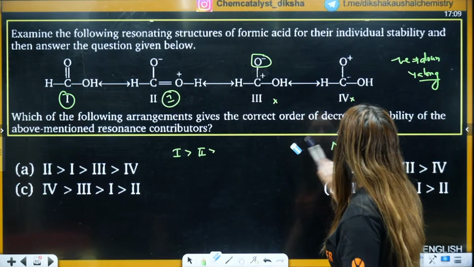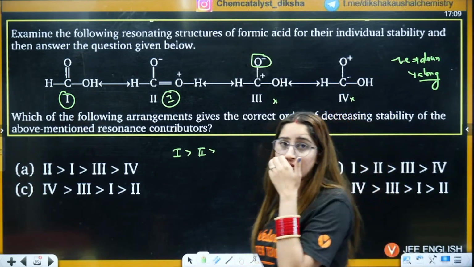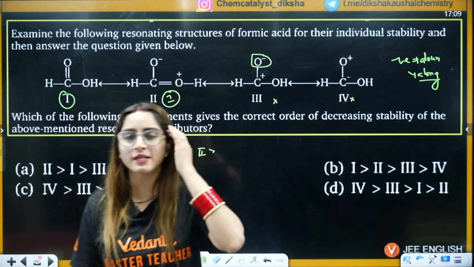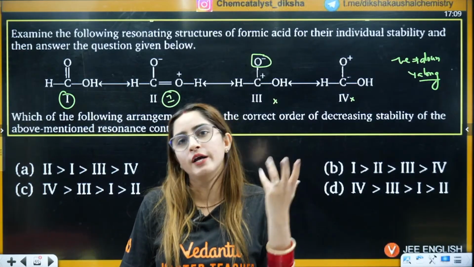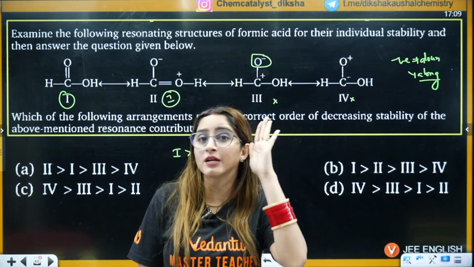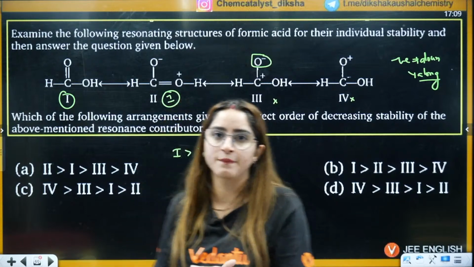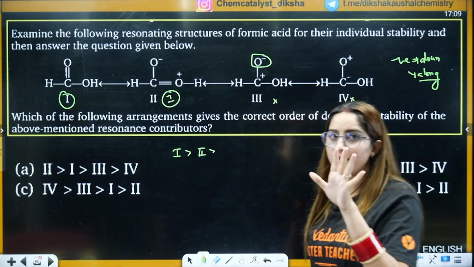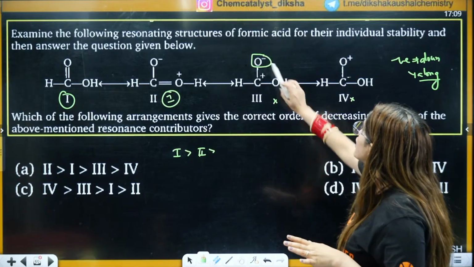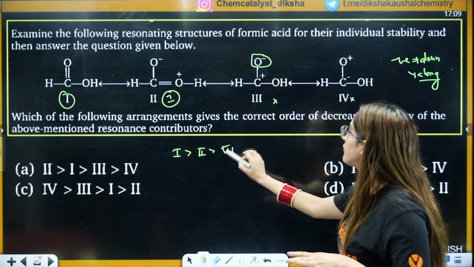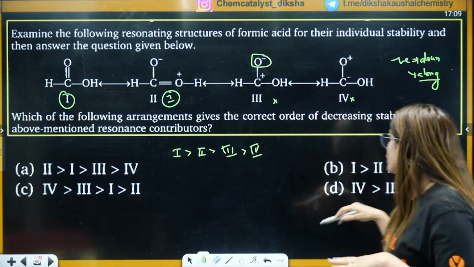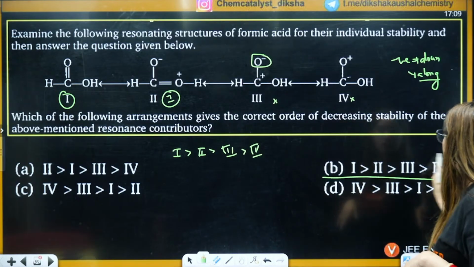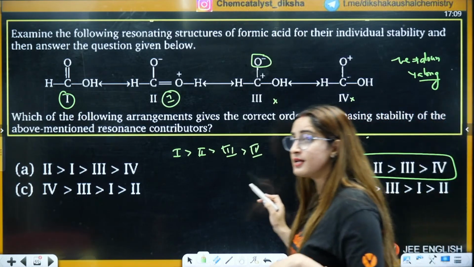That is why I have told you along the period and down the group, because we usually remember that negative charge is stable on a more electronegative element, but down the group you should also remember it. So this is more stable, then third, then fourth. So it is 1, 2, 3, 4. So B is the correct answer here.